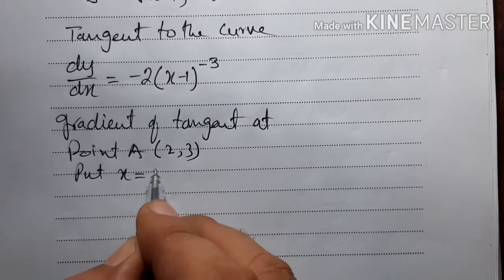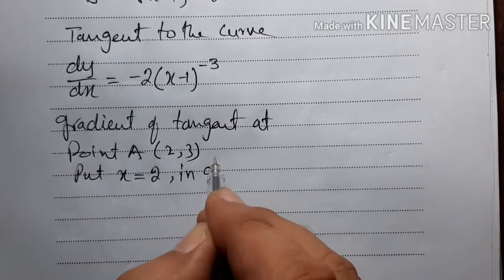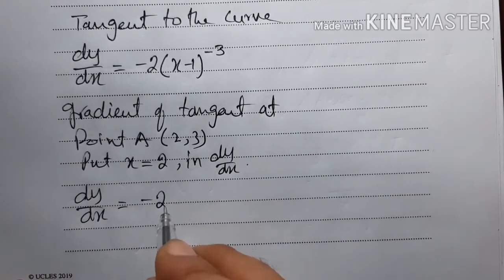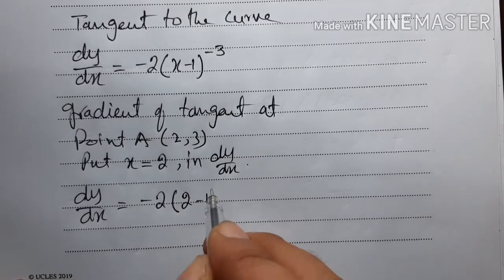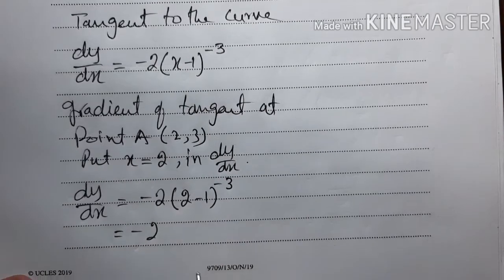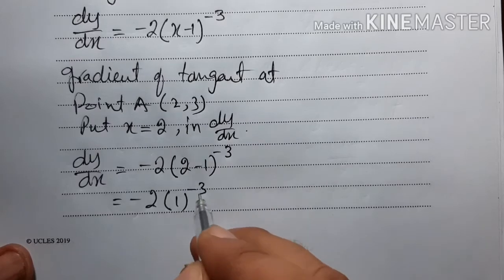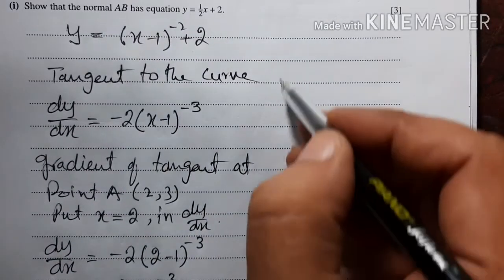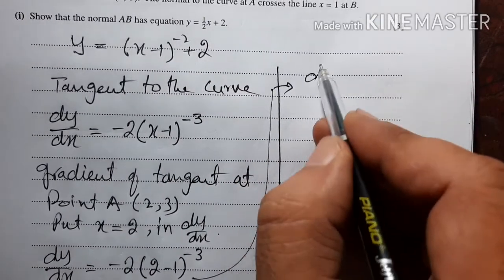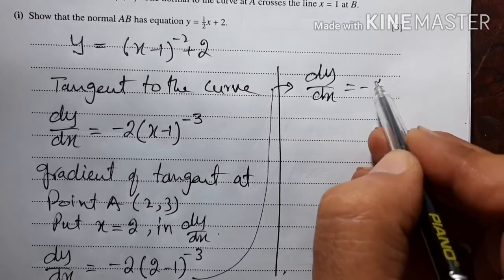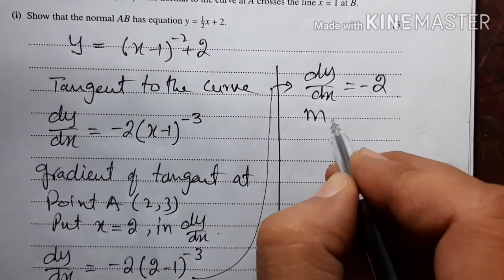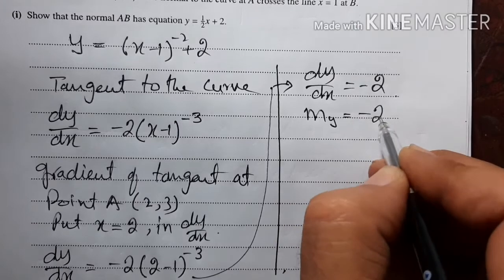Put x = 2 in dy/dx. So dy/dx is equal to −2(2 − 1)^(−3), which can be written as −2 × 1^(−3). Therefore, dy/dx is actually −2, or the gradient of the curve y is −2.